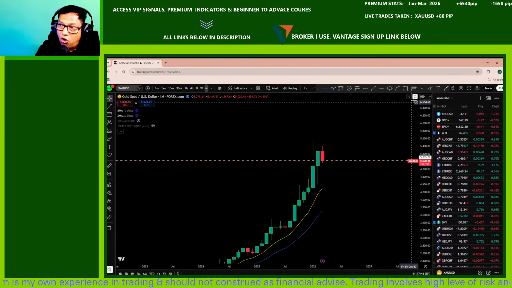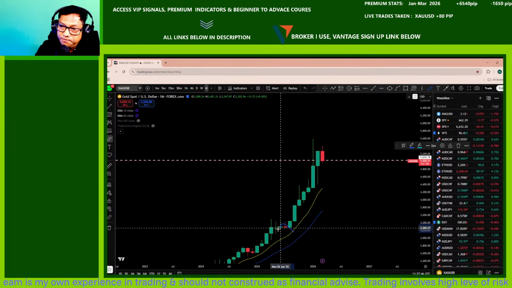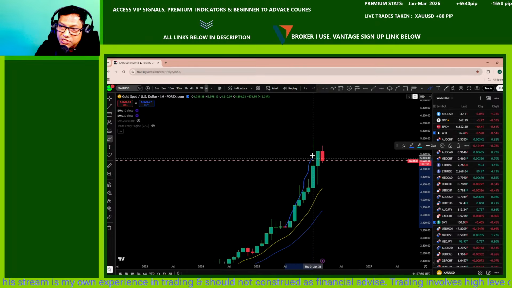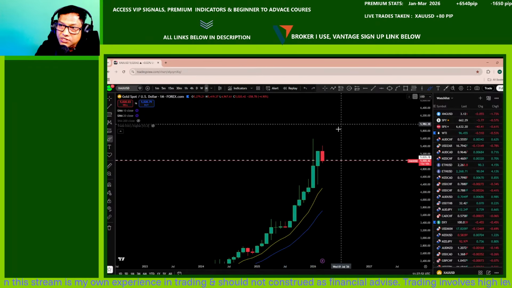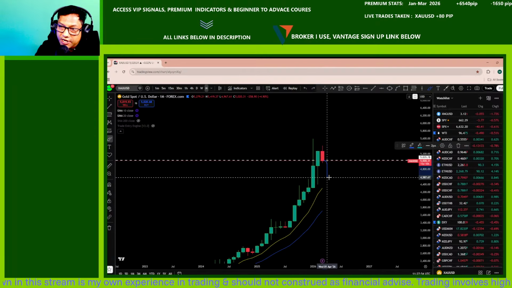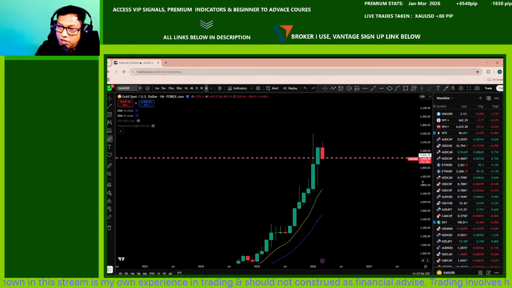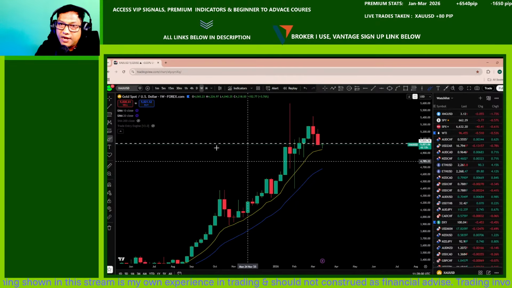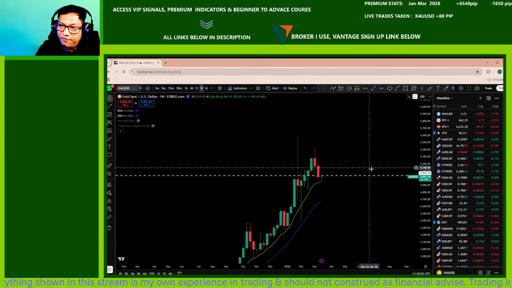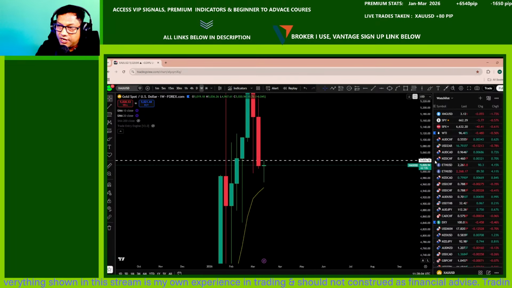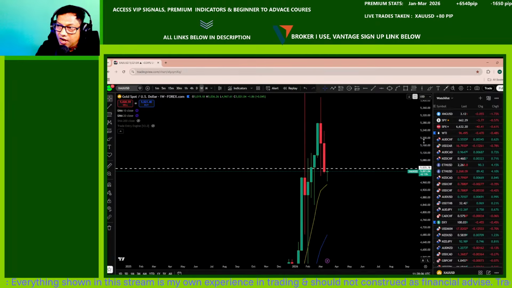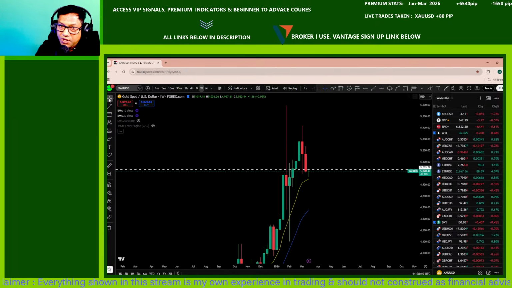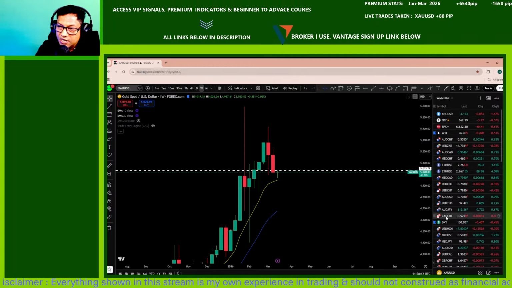From this support level, there's an initial move back to the upside, and eventually the market is breaking below here. If you look at the weekly perspective, from this high there is a rejection back below in that market.